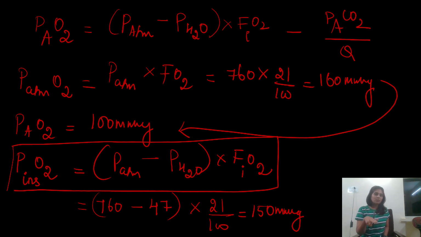The second reason for the reduction is, once air gets into alveoli, some oxygen would immediately get into the pulmonary capillary. Right? The moment air gets into alveoli, because of gas exchange, some oxygen will immediately get into the pulmonary capillary. So that oxygen inhaled into the pulmonary capillary should be subtracted. Okay. So what is the formula for alveolar partial pressure of oxygen?